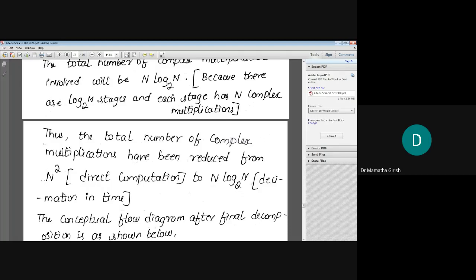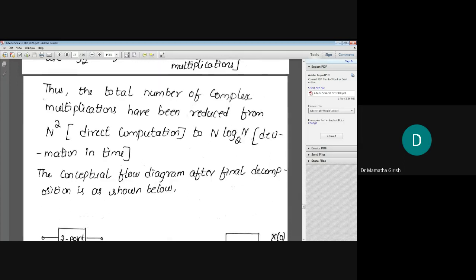But with log 8 to base 2 being 3, 3 multiplied by 8 is 24. Just compare: 64 and 24. The complex multiplications have been reduced from 64 to 24. That is the advantage of using this DIT algorithm.